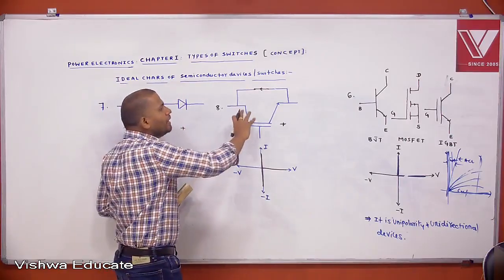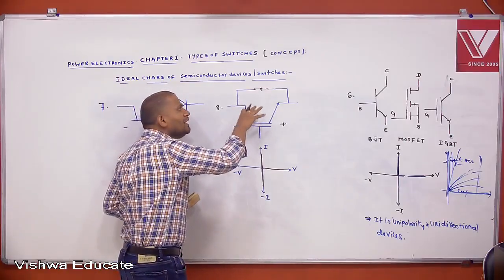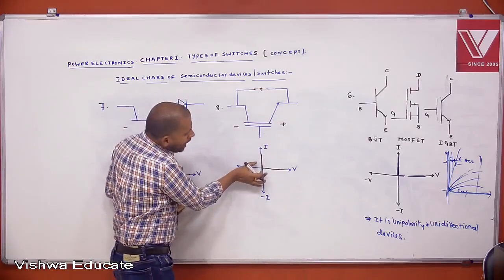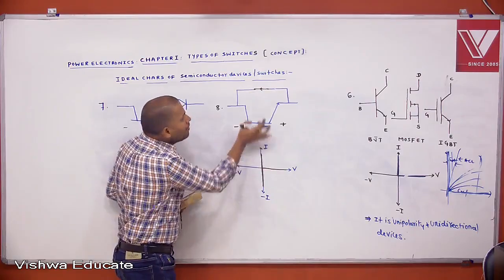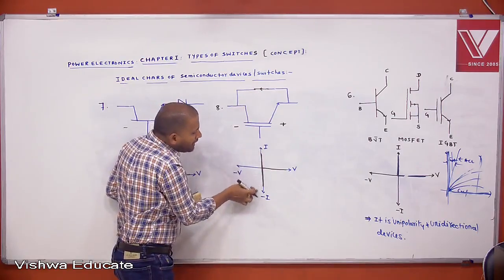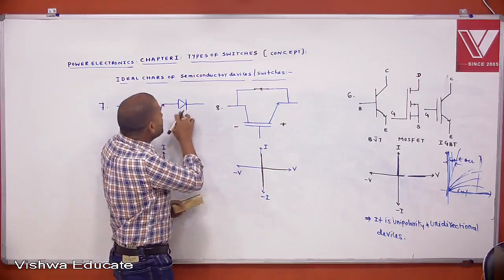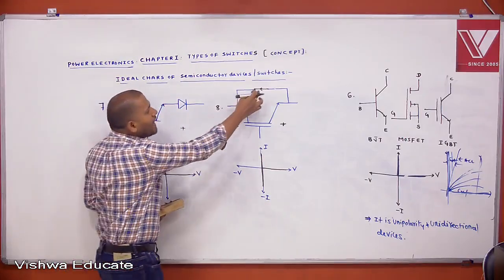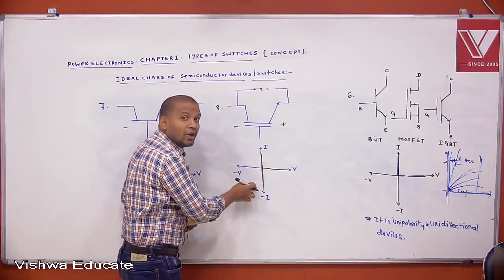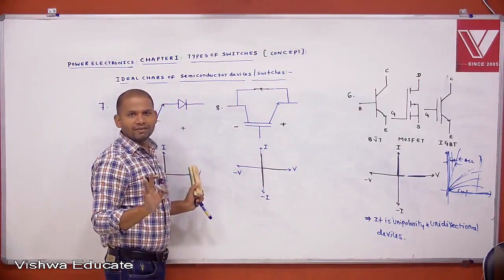That's why for a BJT or MOSFET or IGBT with anti-parallel diode, up to this the characteristics are okay. Because of anti-parallel diode, it conducts in reverse direction. If it is a series diode, it blocks reverse voltage. If it is an anti-parallel diode, it allows reverse current. Simply remember like this.